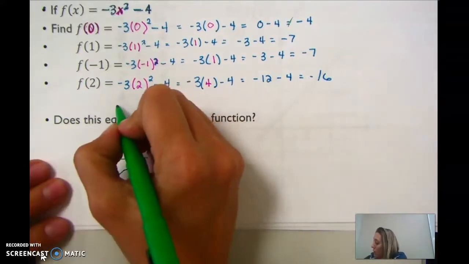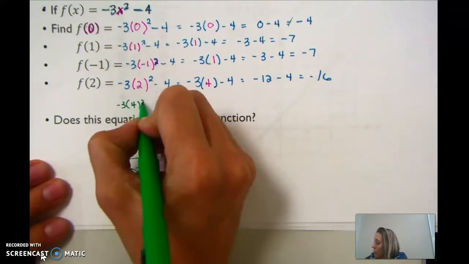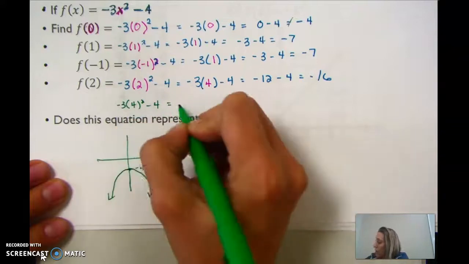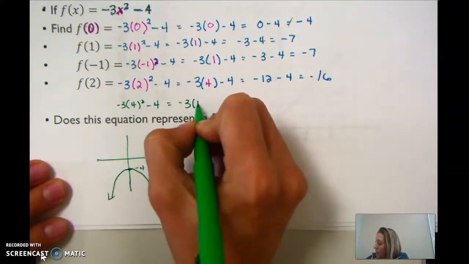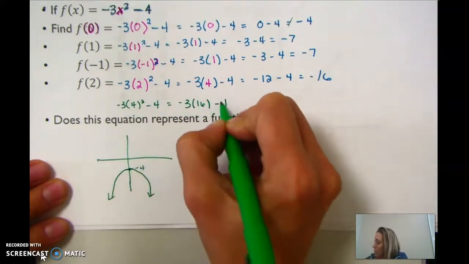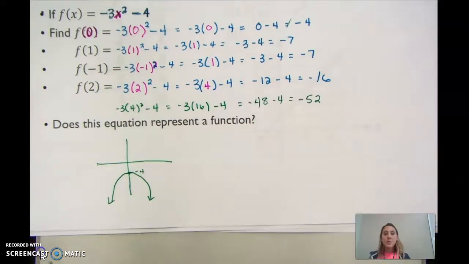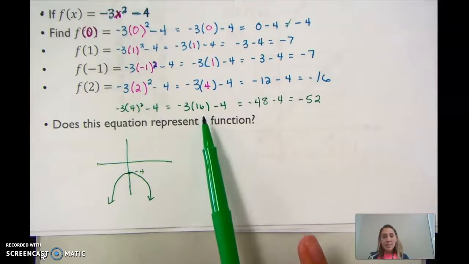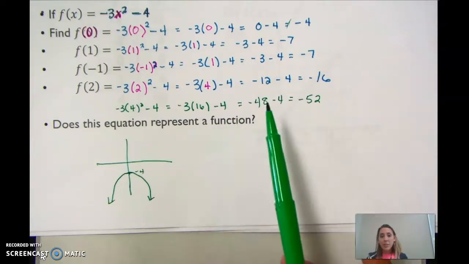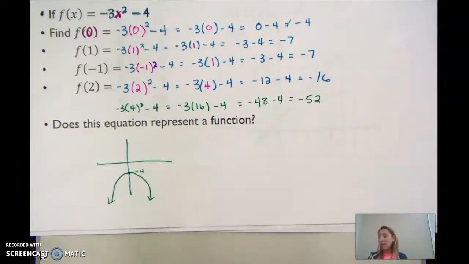So if I do 4, -3 times 16 minus 4, which is equal to -48 minus 4, which is equal to -52. So no matter what number I put in, I'm only going to get one answer.